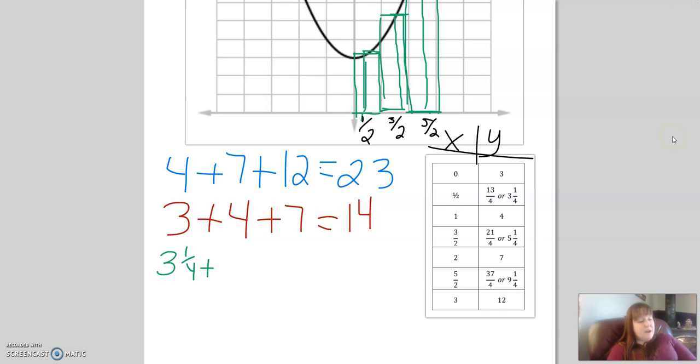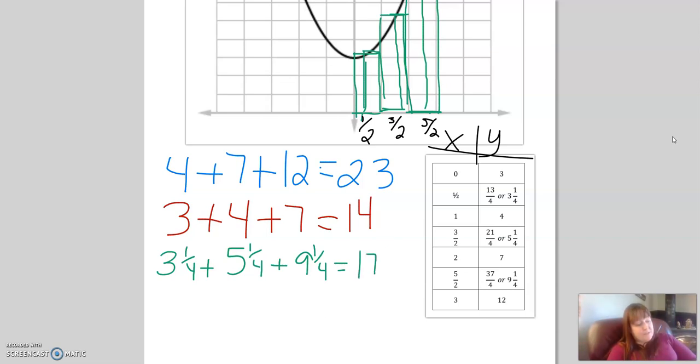All right, and then what is the area of the next rectangle? Well, the next rectangle is 1 wide and it is 5 1/4 tall. Okay, and then the third one is 1 wide and it is 9 1/4 tall. So let's see, we have 9 and 5 is 14 and 3 is 17.